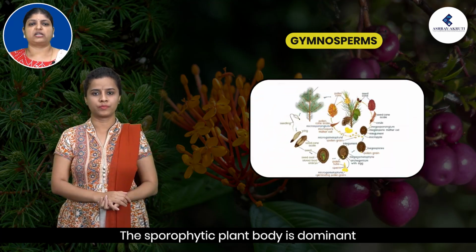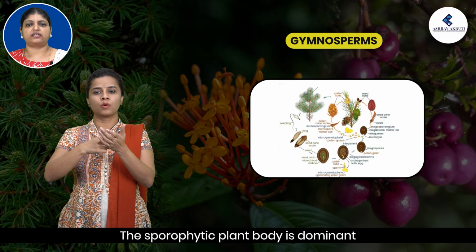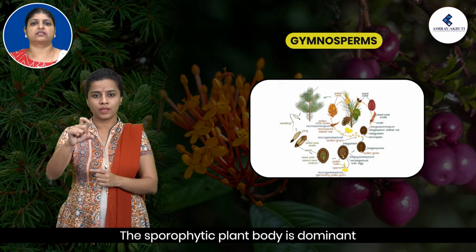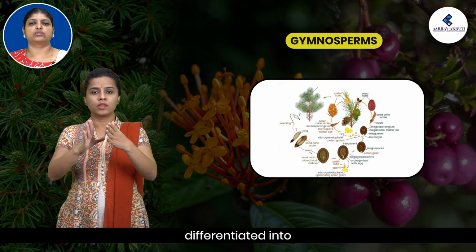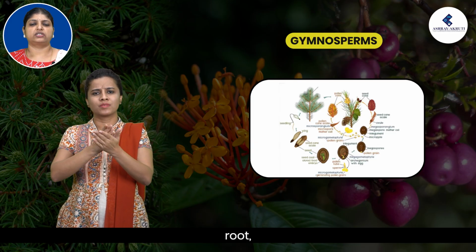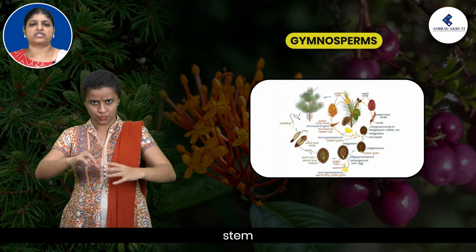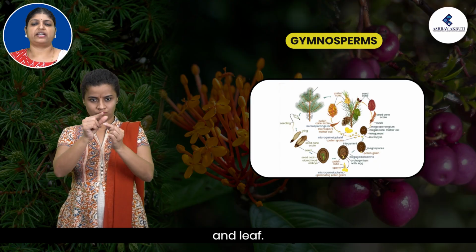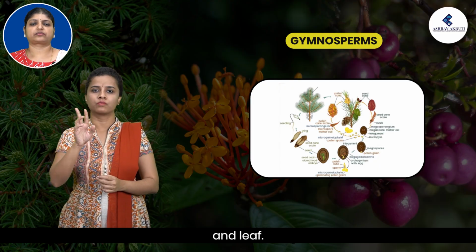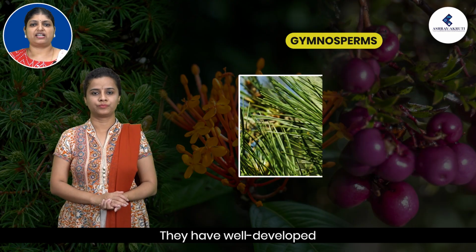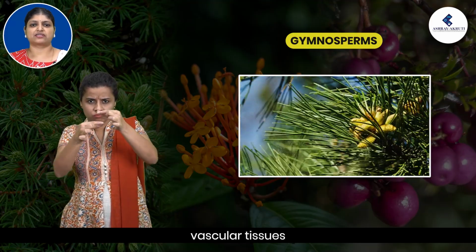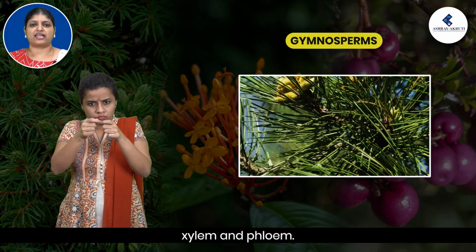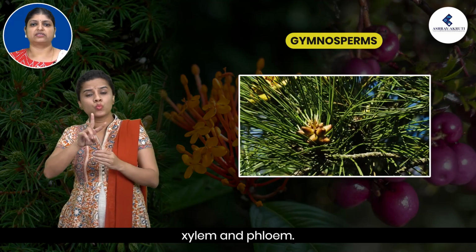The sporophytic plant body is dominant and it is differentiated into root, stem and leaf. They have well developed vascular tissues, xylem and phloem.